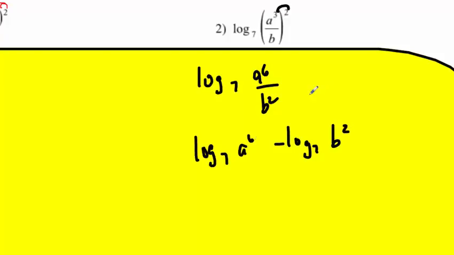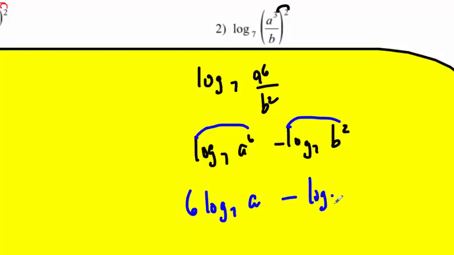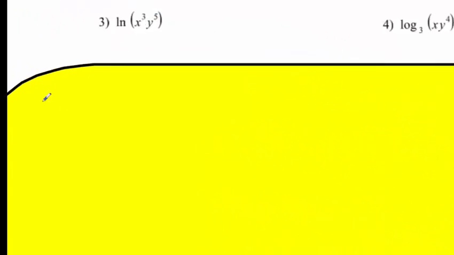And all that means is now I can use the power rule concept. The 6 just comes out front. The 2 is going to come out front. And so this would just be 6 log base 7 of a minus 2 log base 7 of b. And there's my answer.